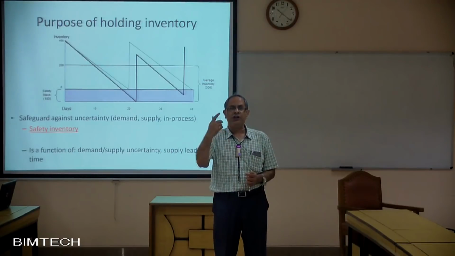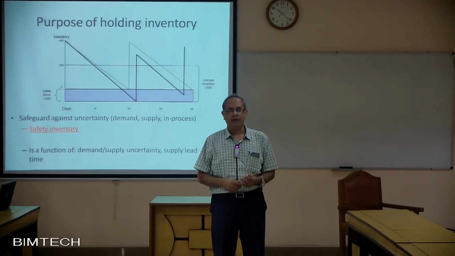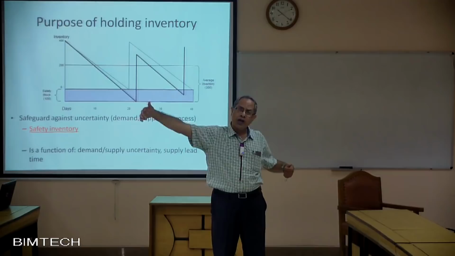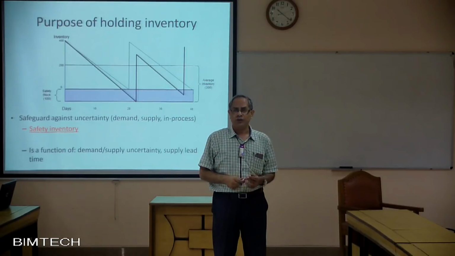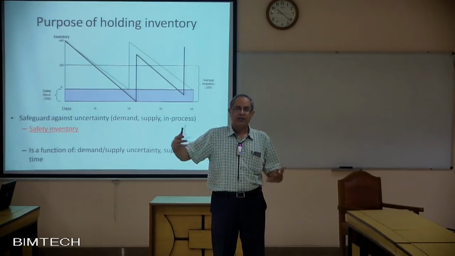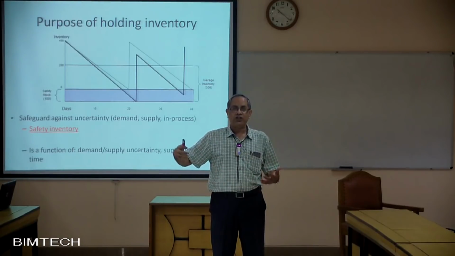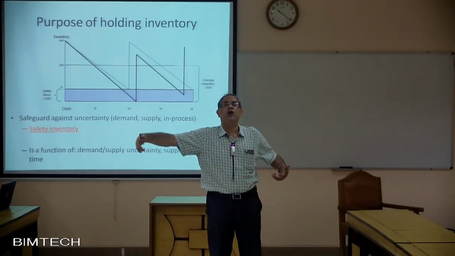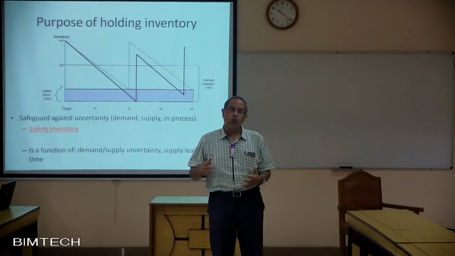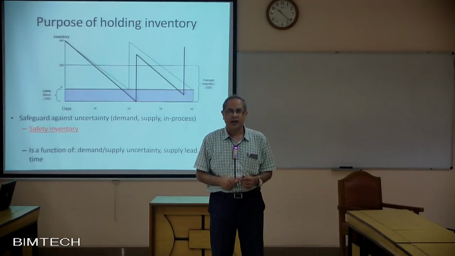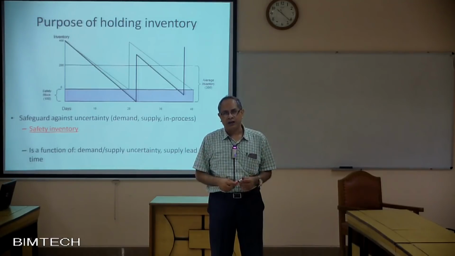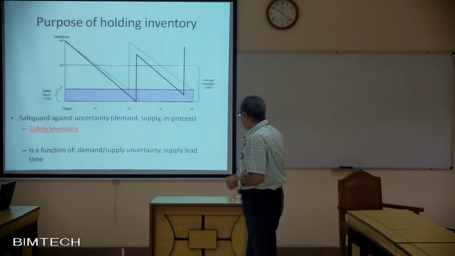The reason for that is that you have sent out an order to your supplier, but the supplier is going to take a long time to send you those supplies, and therefore the uncertainty is more simply because it is for a longer duration. So the total uncertainty is greater, and therefore you carry greater safety inventory.